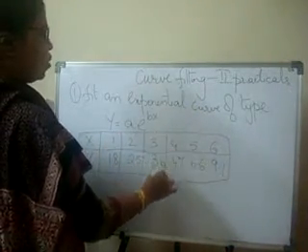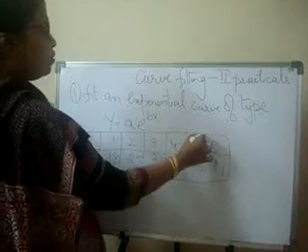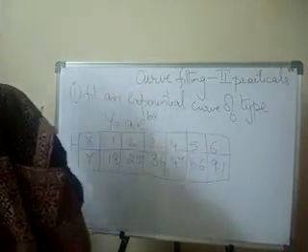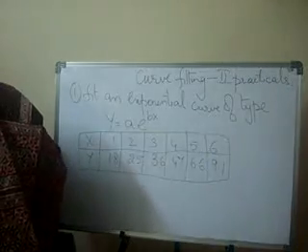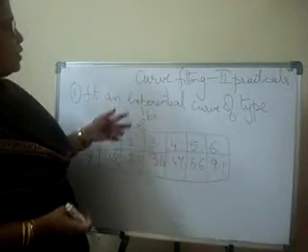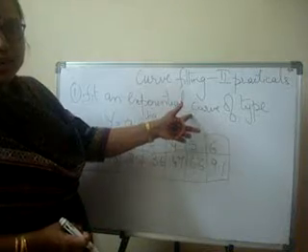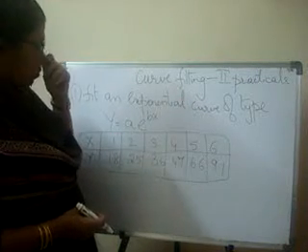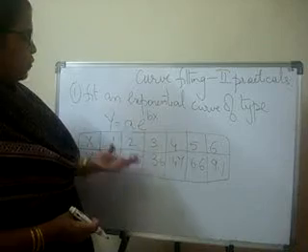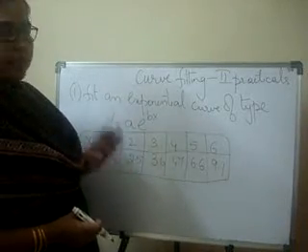Now we have to fit a curve of type y is equal to ae power bx, and we call it an exponential curve. Now, how are we going to fit this exponential curve? Let us see.